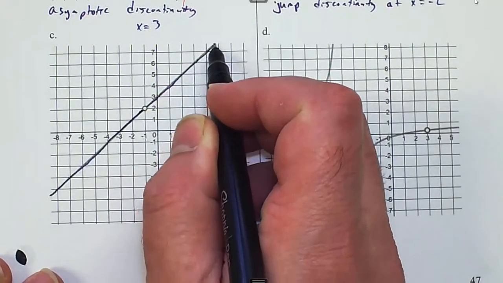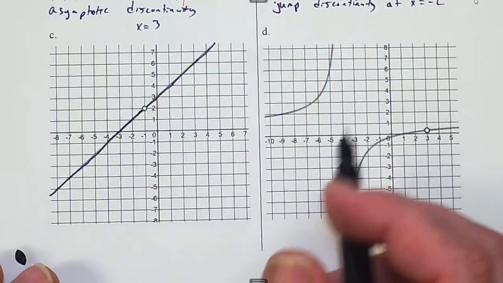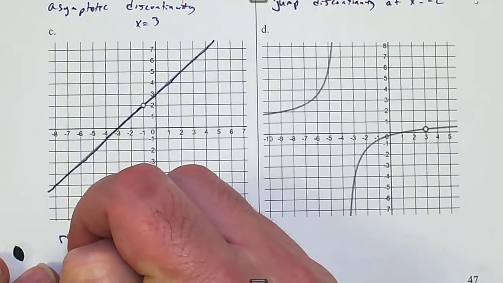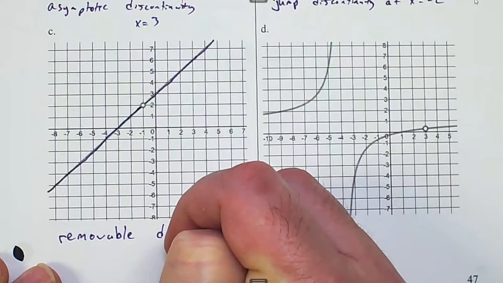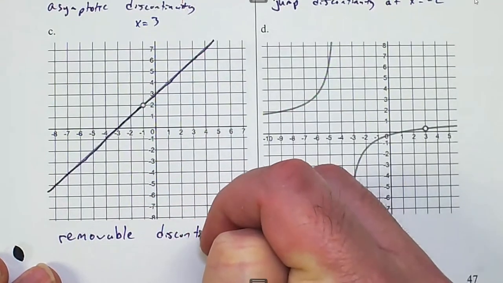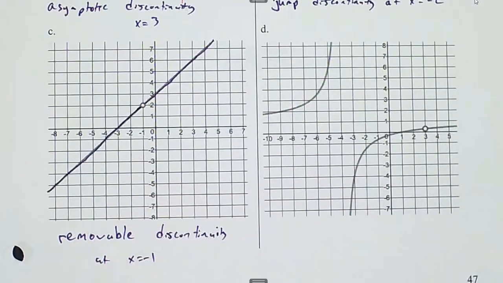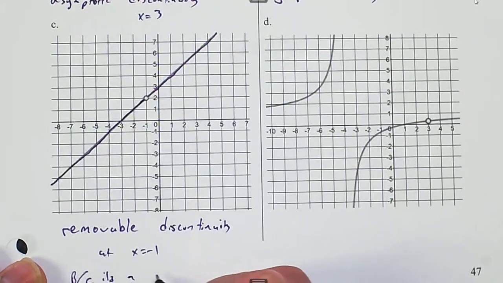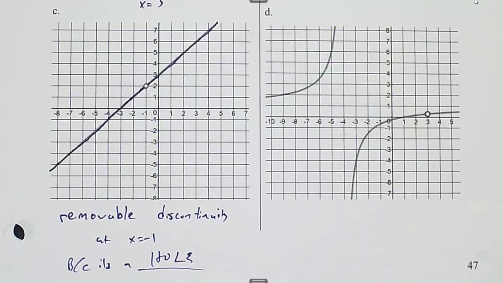This is a discontinuity because these two branches aren't actually touching, right? So we have what's called a removable discontinuity at x equals -1. Why is it removable? Because it's a hole. That's what a removable discontinuity is, a hole.